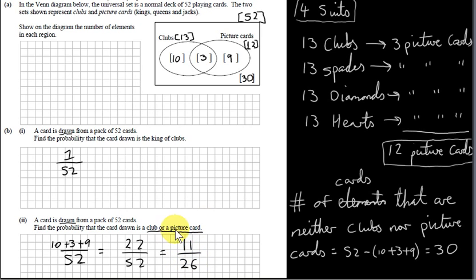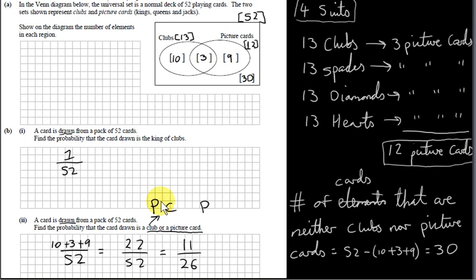Another way that we could arrive at this answer is to get the probability that a card drawn is a club, then get the probability that a card drawn is a picture card, then get the probability of the intersection. So we could use the letter C representing a club card, and the letter P for picture card.